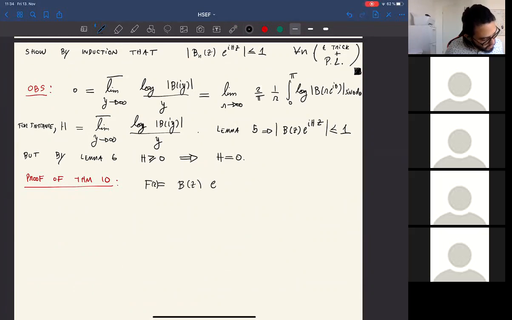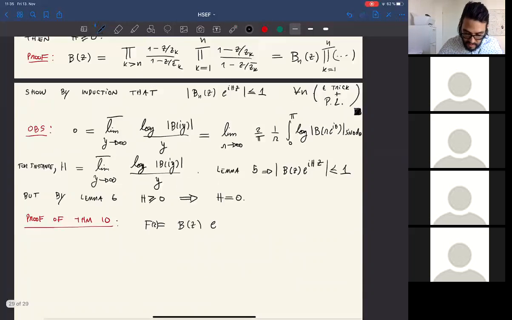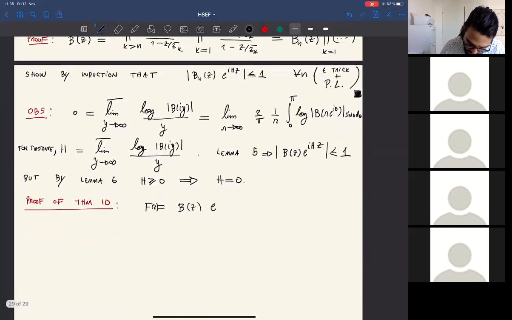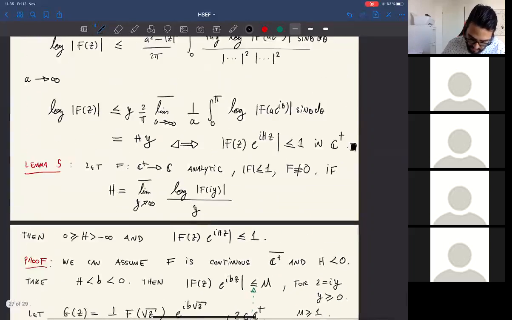I think I wrote something wrong at some point. Yeah, de Branges always uses minus. I think in the way I wrote it I put the plus. This is minus H.